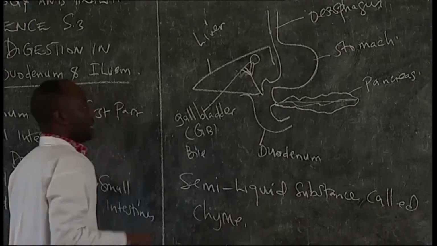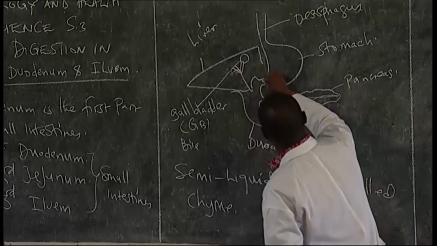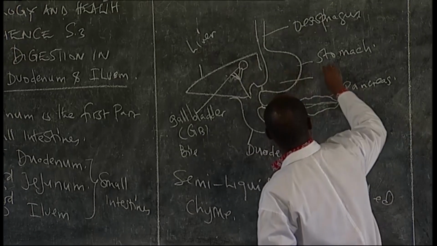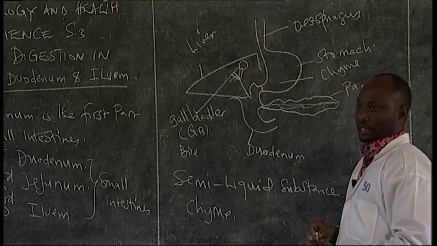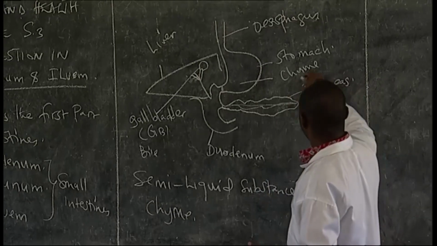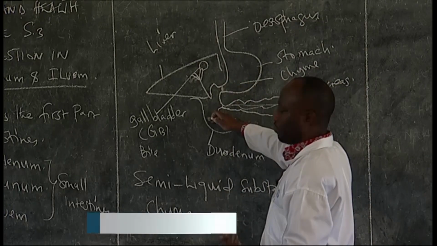After food is broken down, it is pushed into the duodenum. What is found in the stomach is called chyme. The chyme is a liquid substance, greenish in color, and this liquefied substance is pushed into the duodenum for further breakdown.